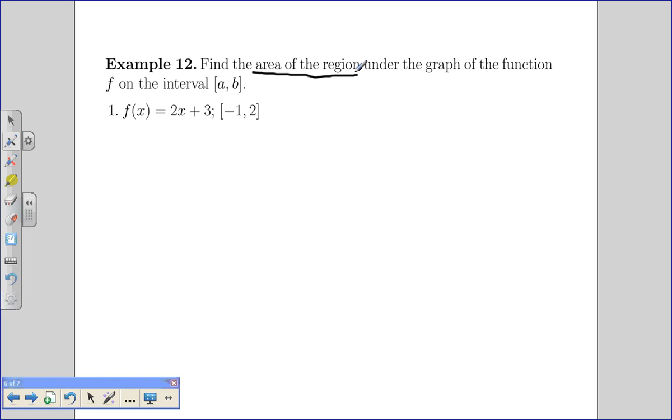The only difference between this problem and the previous ones is that you don't have the integral set up for you. You have to write it down yourself. So the area is going to be the integral from negative 1 to 2 of 2x plus 3 dx.